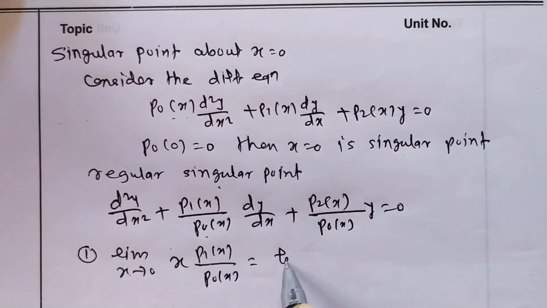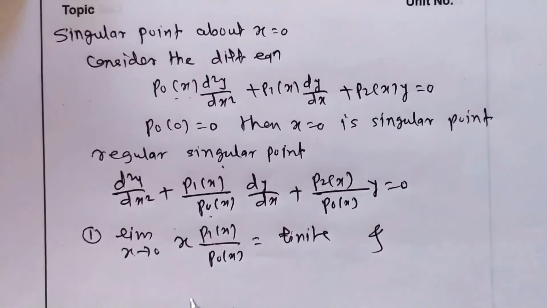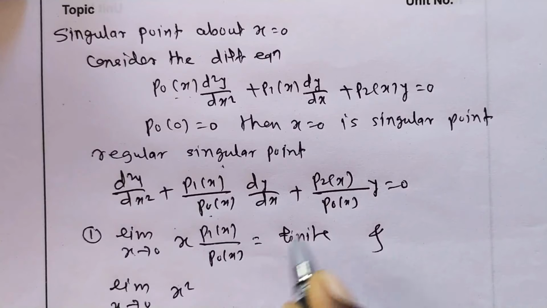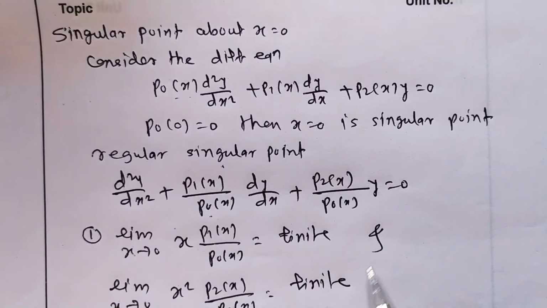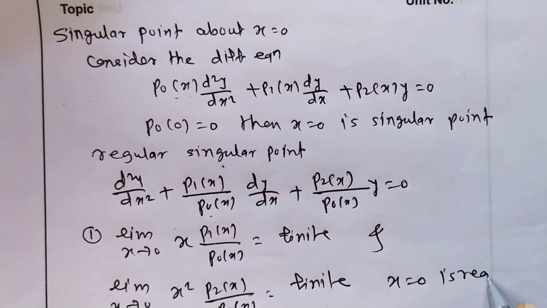If we get this is a finite quantity, okay, and the second condition is limit x tends to 0 of x square into p2 of x upon p0 of x is also a finite quantity, then we can say that x equal to 0 is a regular singular point.